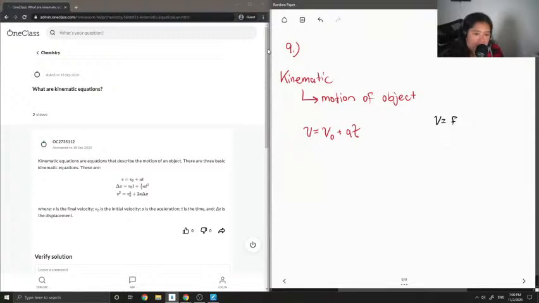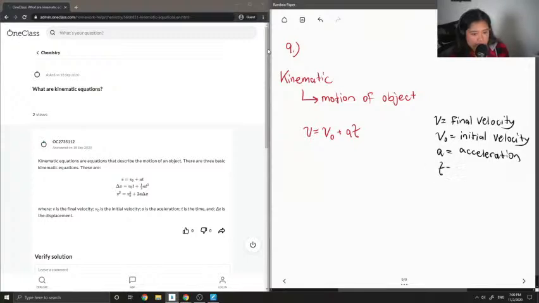So this is final velocity. V naught. Every time there's a subscript of 0, this means initial. So initial velocity. A stands for acceleration. And t is time.